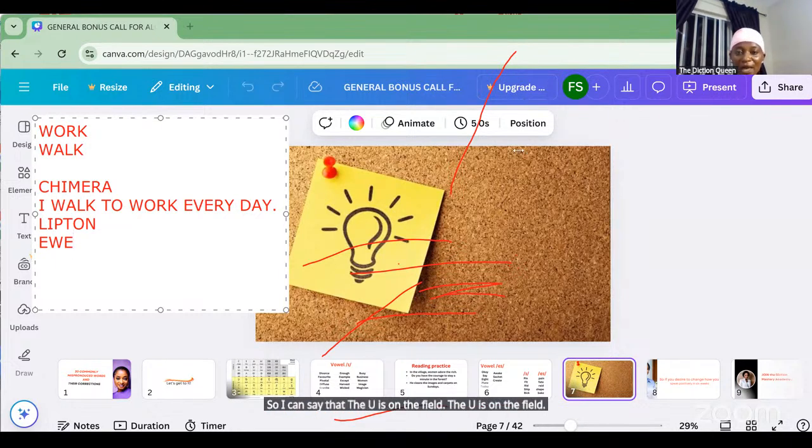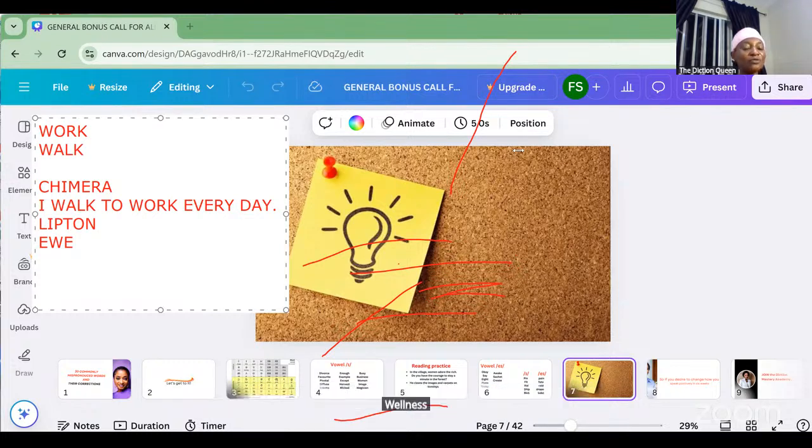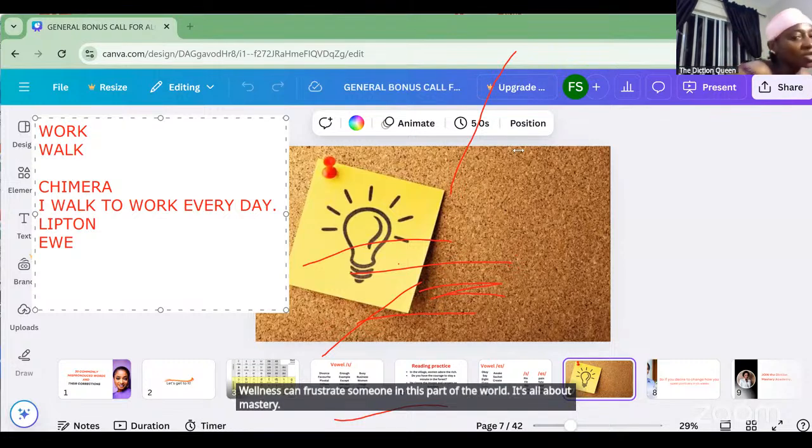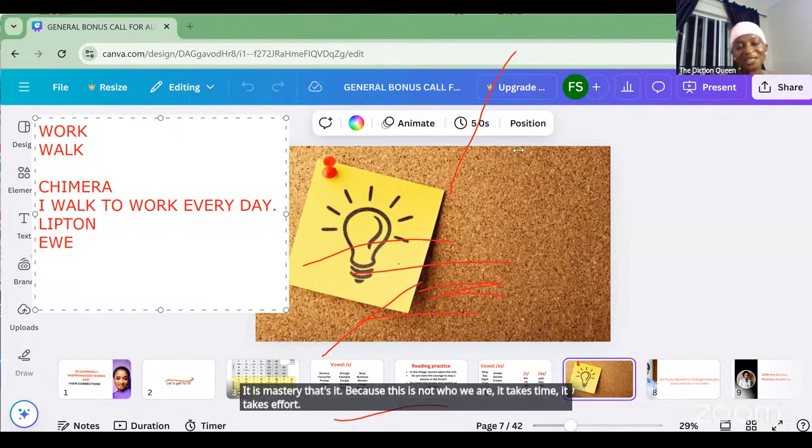Another person said, how can we manage using a British accent in the classroom and not sound flat or pronounce wrongly, when learners can frustrate someone in this part of the world? It's all about mastery. Because this is not who we are, it takes time, it takes effort, and it takes practice.